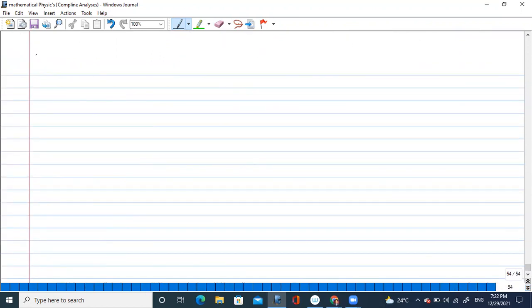Okay, so now some more questions we have to do. Suppose there is a question: a function f(z) equal to 1 upon z into (z minus 2), about z0 equal to 0 point.